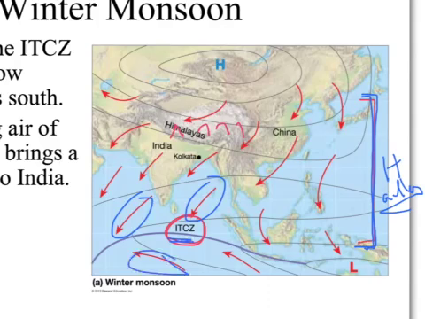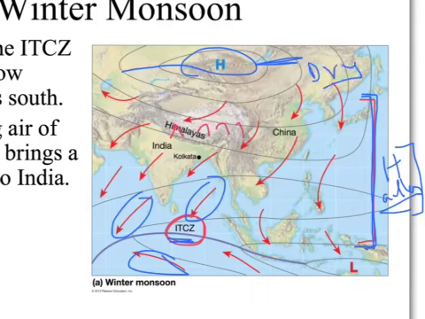It's going to wander, right? And then the other thing I want to point out is that at the top of the Hadley cell, where the Hadley bumps up with the Ferrel, we have these semi-permanent high pressures. And one of the things we know about high pressures is that we have descending air and clear skies. So remember, where the Hadley and the Ferrel bump up, we sometimes have our deserts.